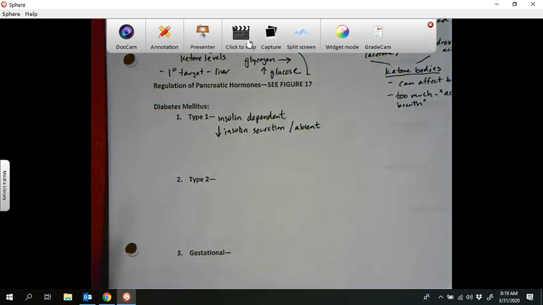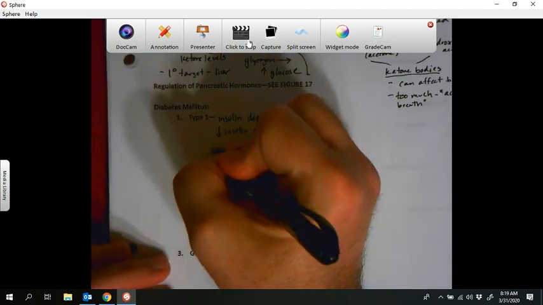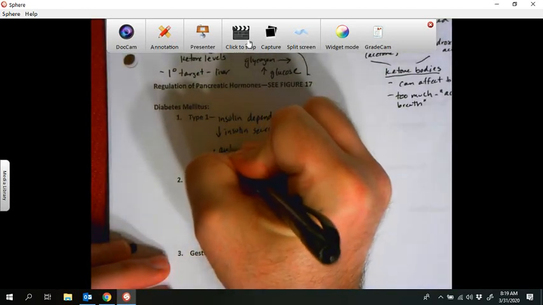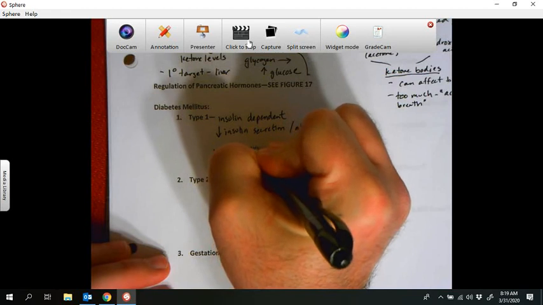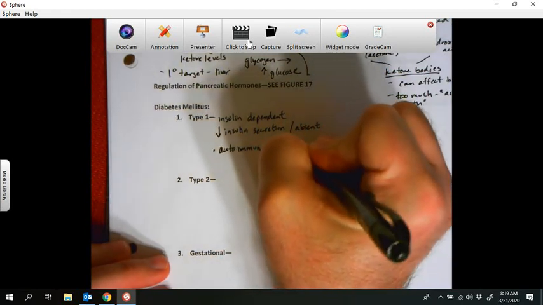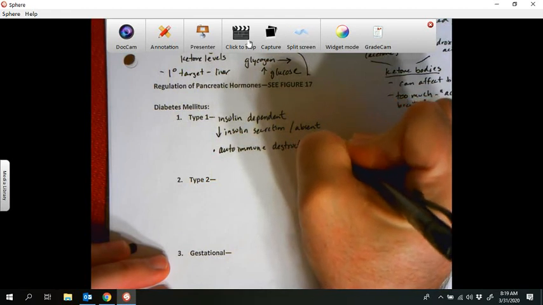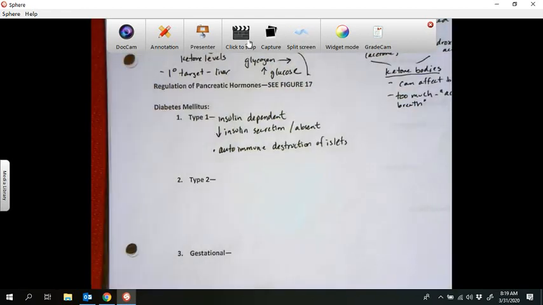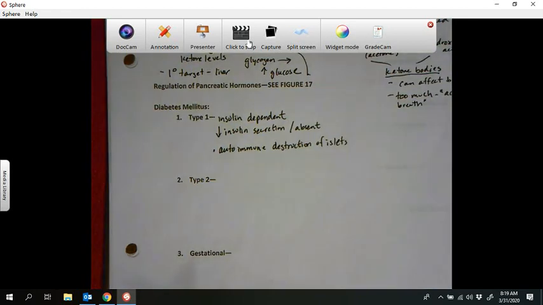Sometimes it's called juvenile diabetes because it usually manifests when people are younger, but adults can also develop this disease. And they think that this is autoimmune. So it's autoimmune destruction of the pancreatic islets. Those islets are destroyed by the body, and if they're destroyed, they can no longer make insulin.